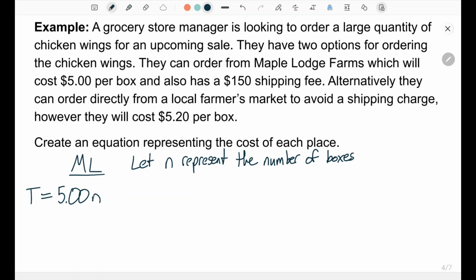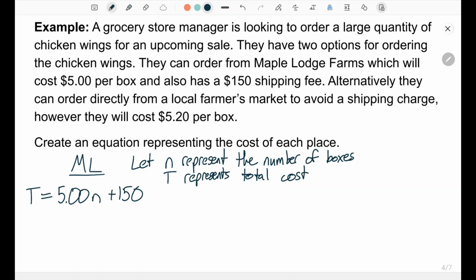And so we can say 5.0 times n, and then every time we have to add that shipping fee. So we can create this general equation for the total cost. I'll also say that T represents total cost.